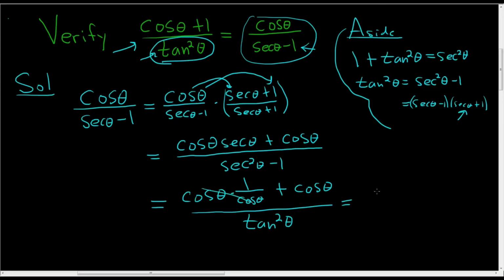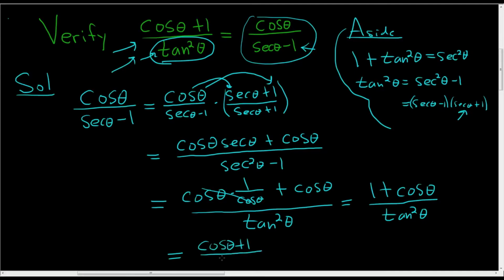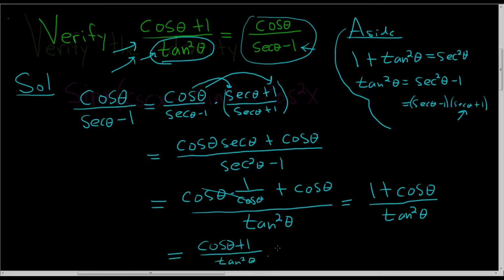This cancels, so you get 1 plus cosine theta over tangent squared of theta. Are we done? I think we should, for good measure, write exactly what we have here. So 1 plus cosine is really just cosine plus 1. It's all being divided by the tangent squared of theta.